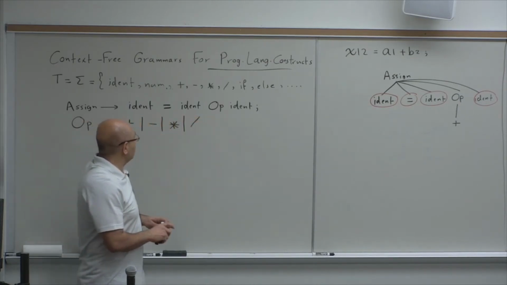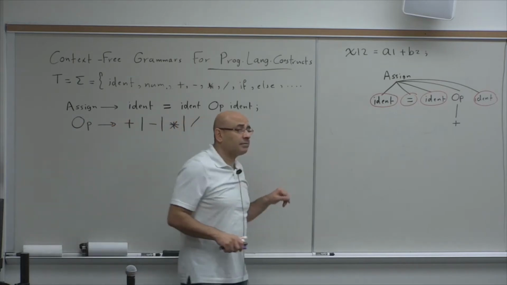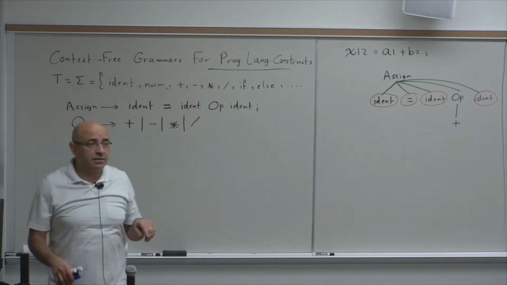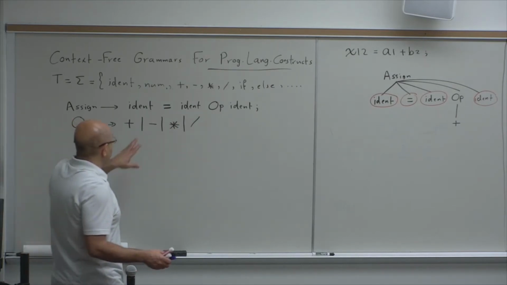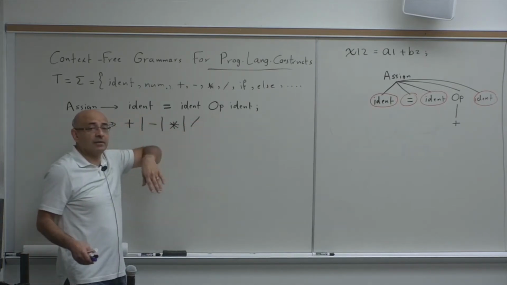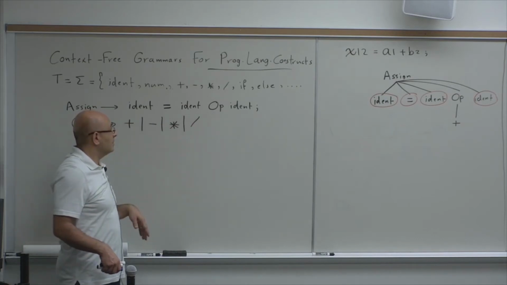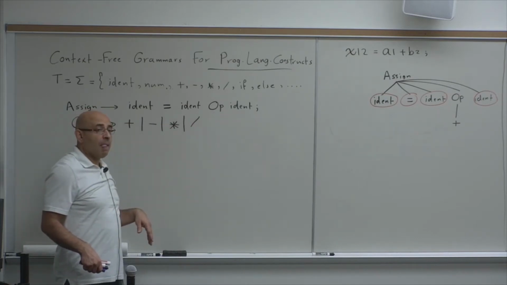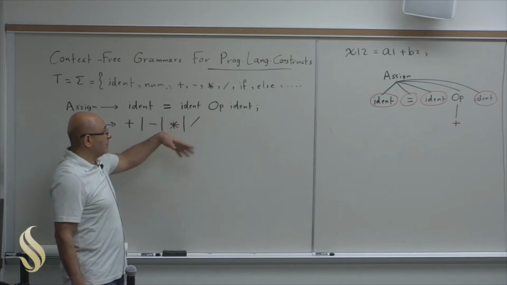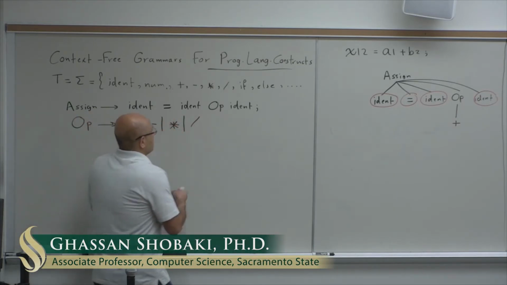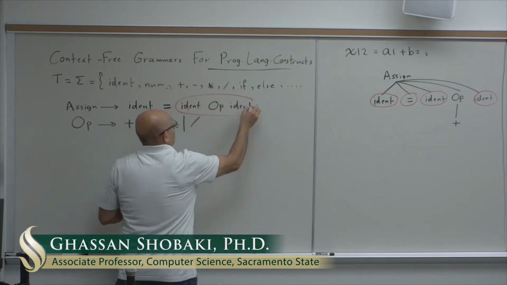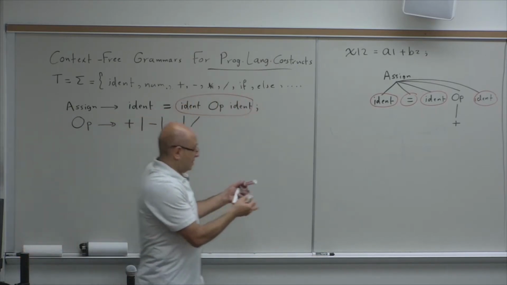Now clearly this is not general enough, right? Why isn't this general enough? Because in general, an expression in an assignment statement does not necessarily consist of one operation. How about this?